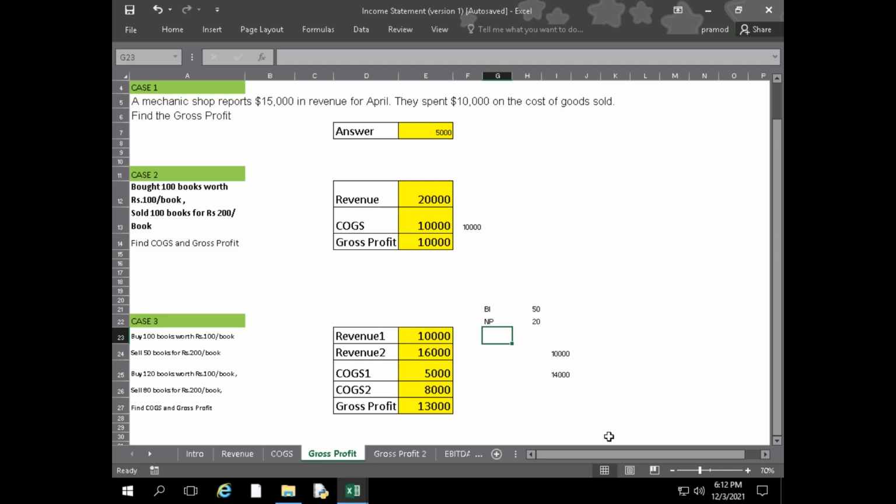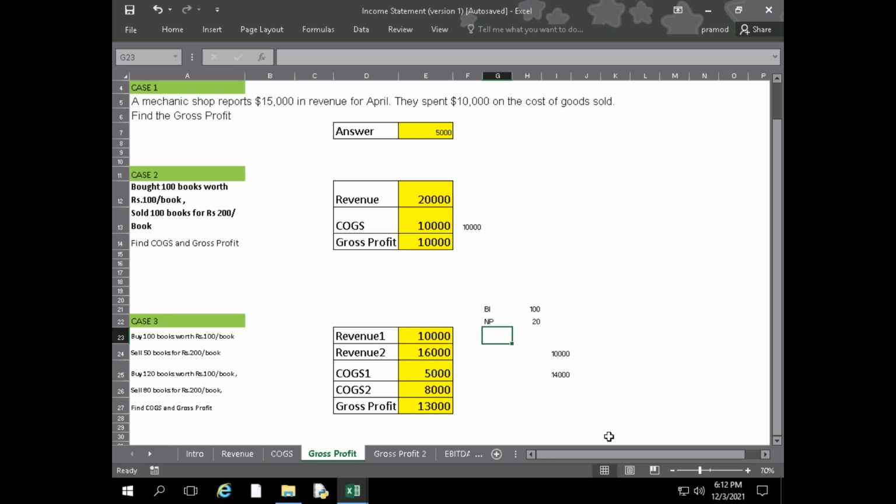To find out closing stock, first you add these. In the beginning inventory I had 100, and I had a new purchase of 20.